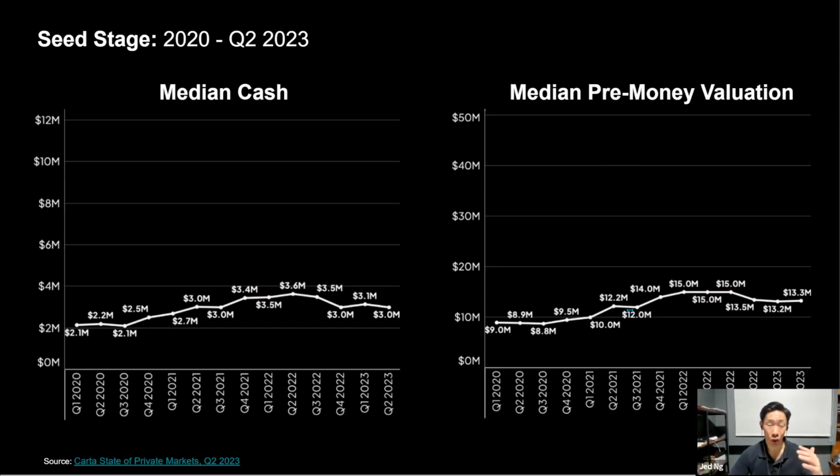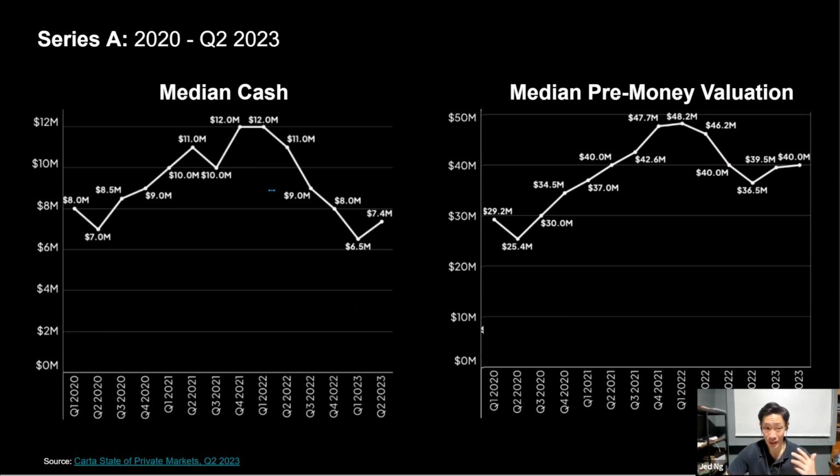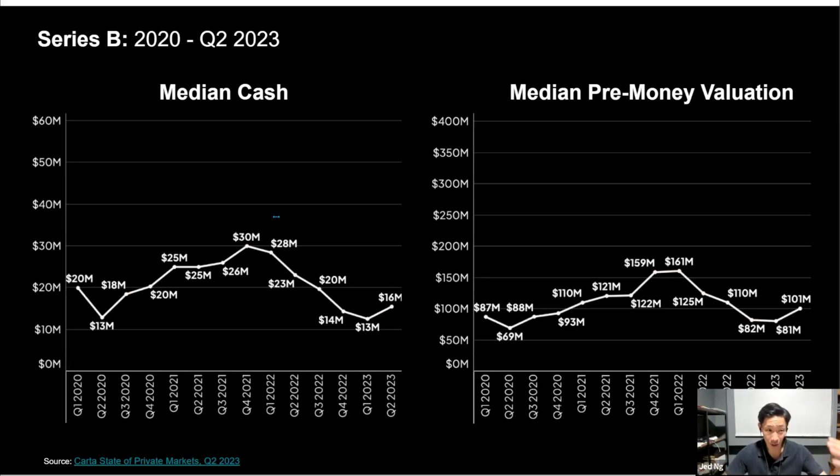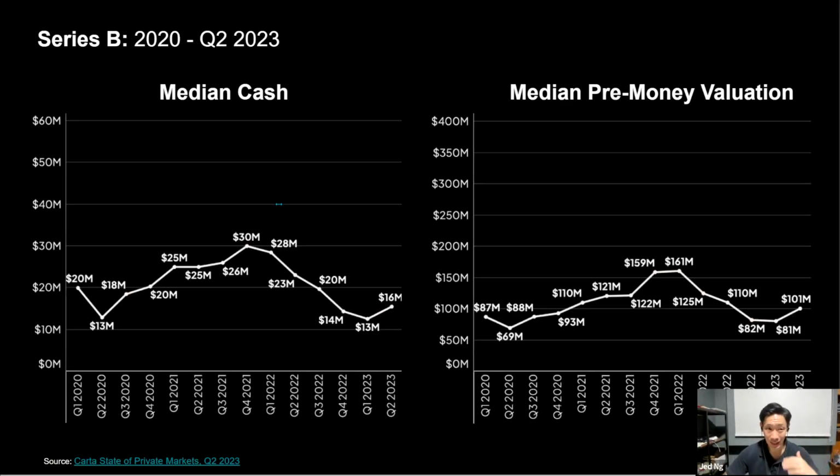When companies have more cash, they raise at a higher valuation, and therefore the dilution tends to stay in a narrow band. And it's not just at an early stage, because we see the same pattern at Series A. We see it at Series B. And if you look at Series C, D, E, it's the exact same pattern, right?